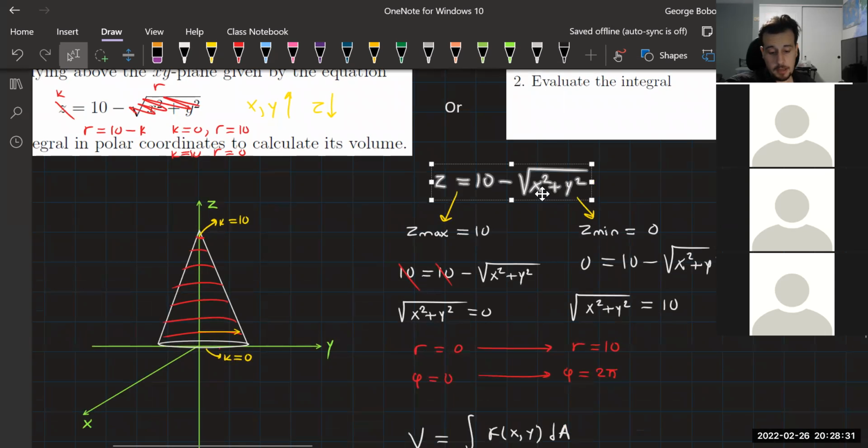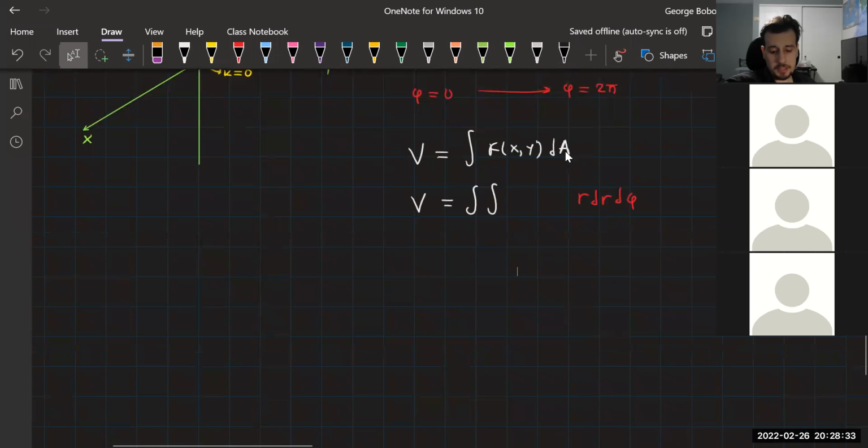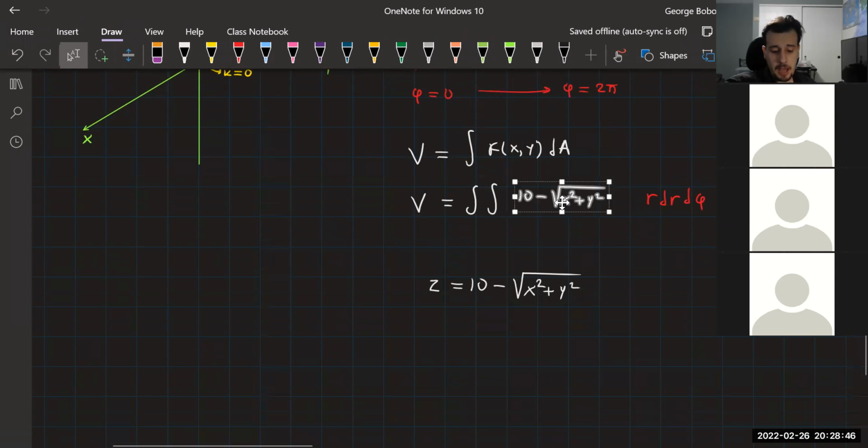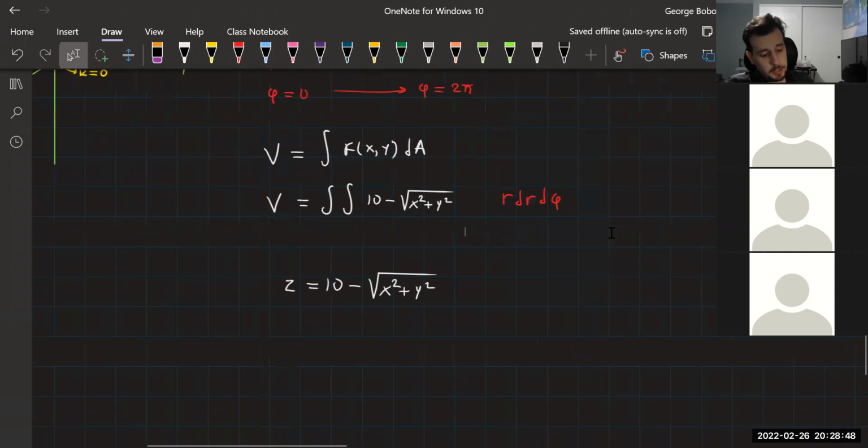This is the function. You're going to say, George, that's in Cartesians. Yeah, I know. Relax, we got it. Just like before, you're going to put it in. You're not done yet. You've done the bounds, you've done the dA element, but you've got to work with this too.